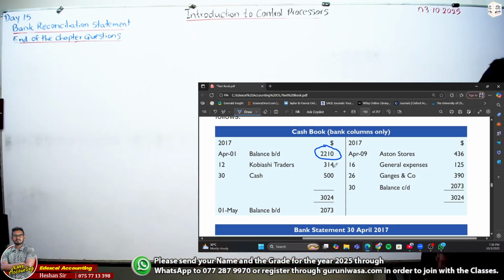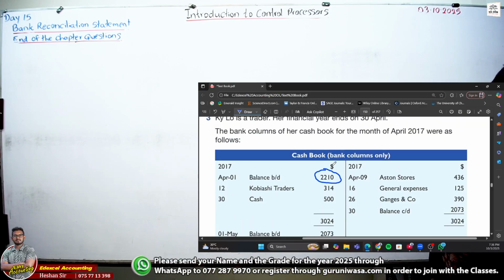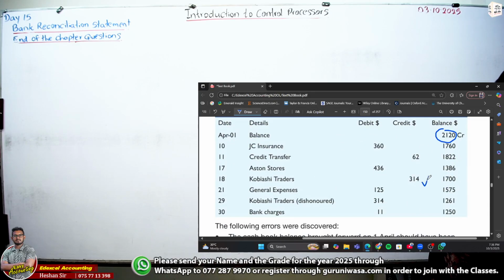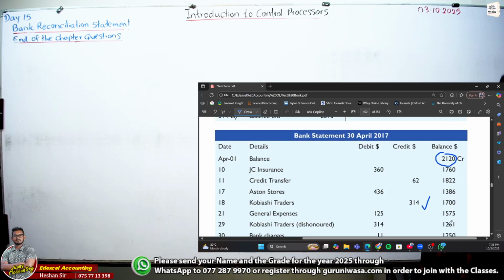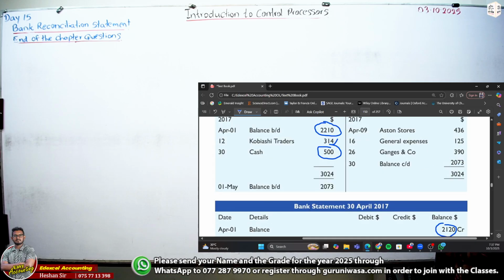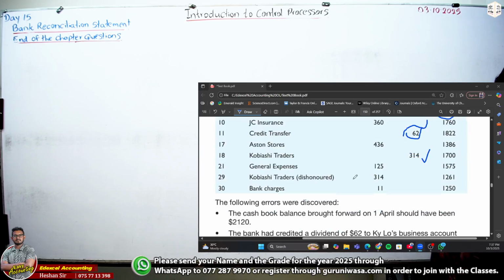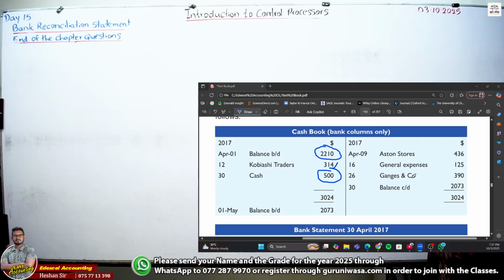Let's compare the bank account debit side with the bank statement credit side. 314, 314 both appear. 500 in here but not in here, so circle it. 62 in here but not in the other one, so circle it. Understand?